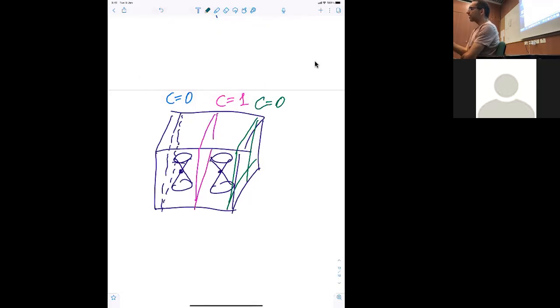So essentially, any plane which is placed in between Weyl nodes will be equivalent to a two-dimensional quantum Hall state with a Chern number 1. And planes that are placed outside of the Weyl nodes will be in the state which is a quantum insulator with the Chern number 0. So it's essentially a trivial insulator with no magnetic field.